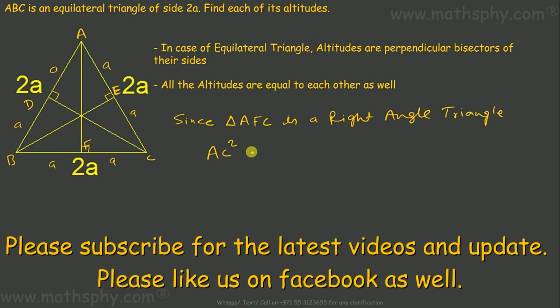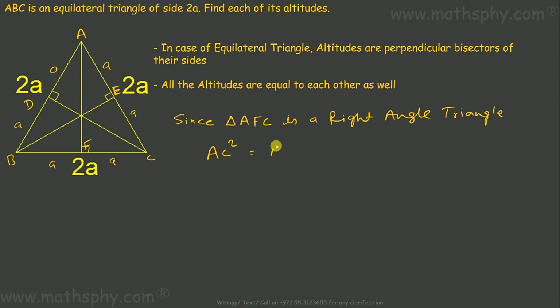AC square will be equal to AF square plus FC square. AC is how much? 2A. This will be 2A whole square equals to AF square plus FC, which will be A square. So this is 4A square equals to AF square plus A square.